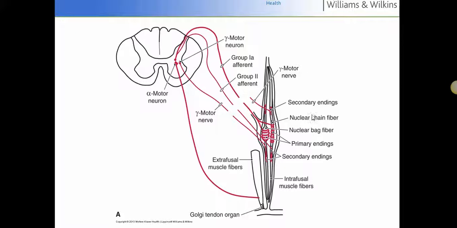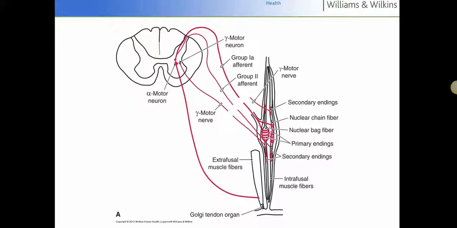Okay, let me show you a figure. So you see, these are the different types of intrafusal muscle fibers. You have the nuclear chain, then you have the nuclear bag. All these fibers, the red lines that are wrapped around the intrafusal muscle fibers, are nothing but the annulospiral endings.